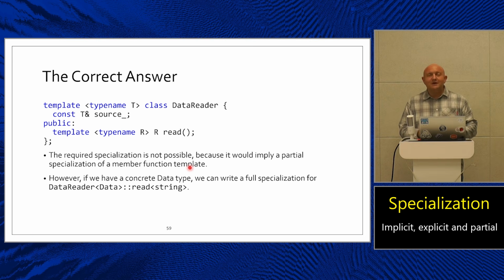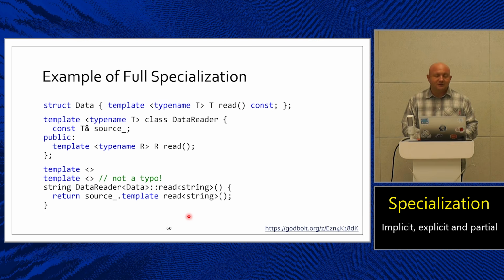If we lock down both templates, if we have a concrete data type, we can write a full specialization for a specific instantiation like DataReader<Data>::read<std::string>. The general case we were aiming for remains out of reach. But how will we write this? And this is simple.